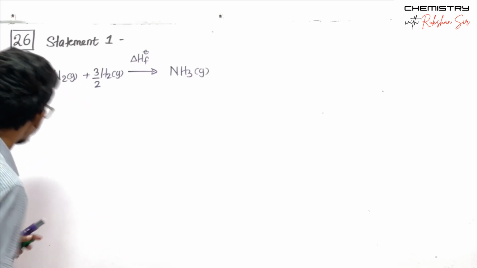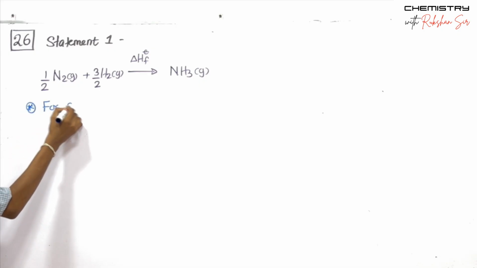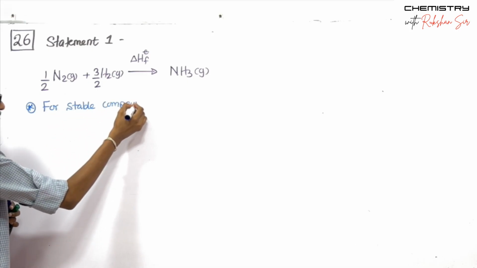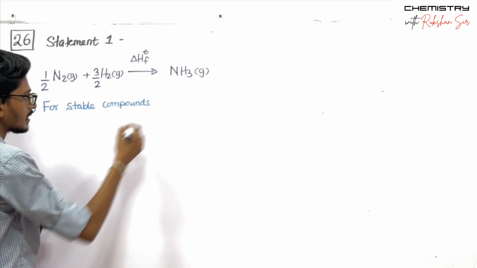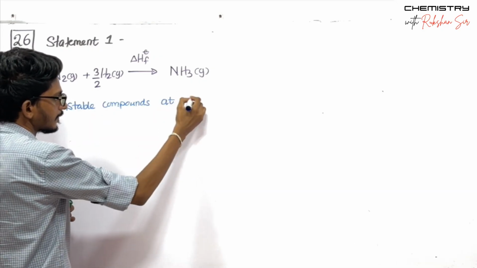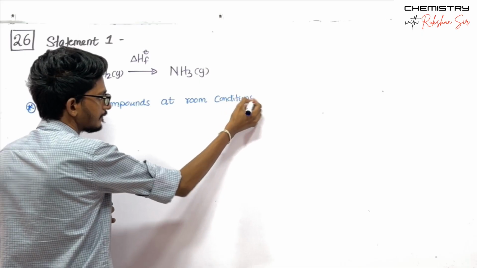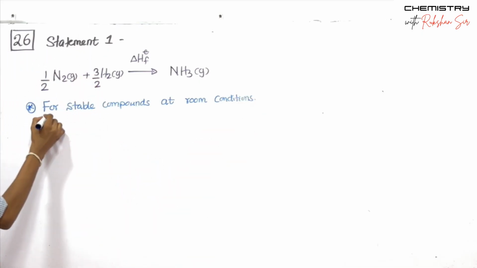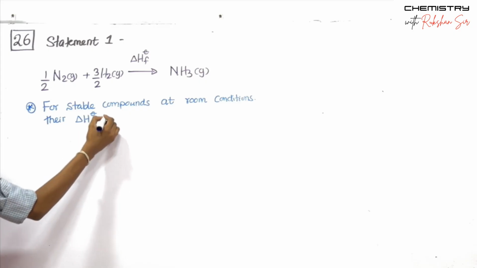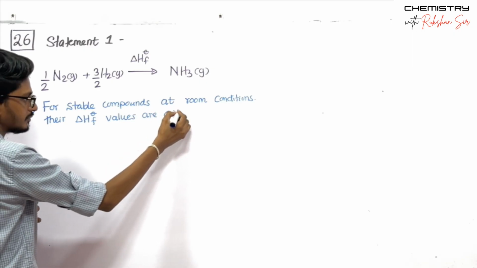So I'll write it like this: for stable compounds at room conditions, the delta H naught F, the formation enthalpy values, are negative.